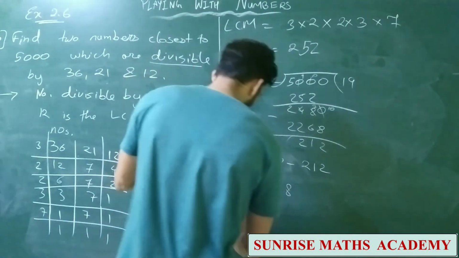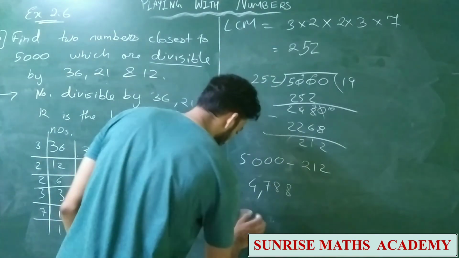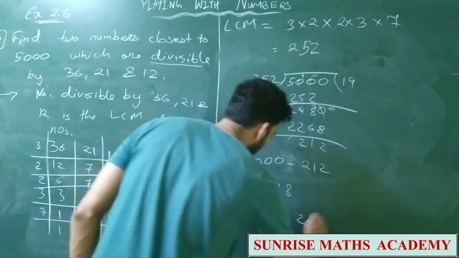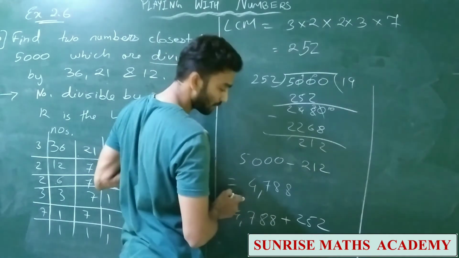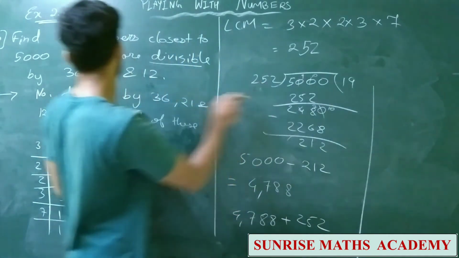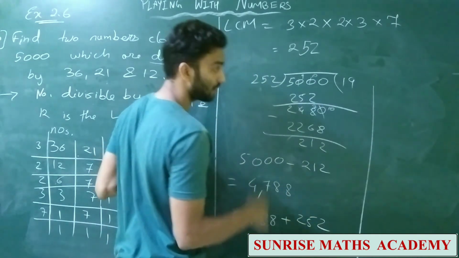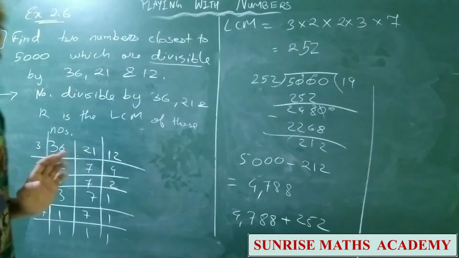Now 4788 plus 252 we have to do. Why? Because after subtracting we got this number which is exactly divisible by 252, 36, 21 and 12. After adding 252 to this number you get a number which is again divisible by these numbers and which is closest to 5000.